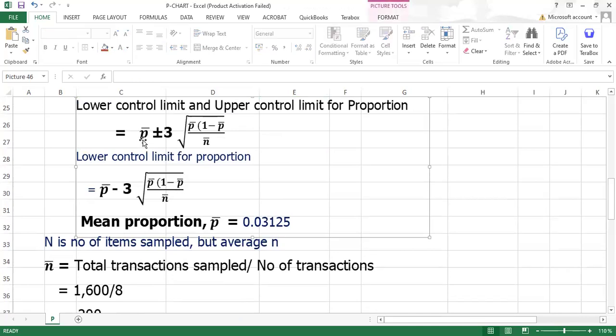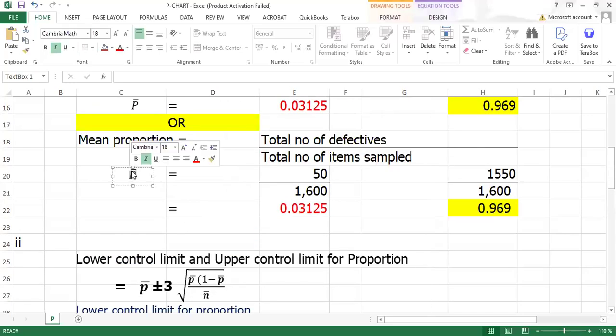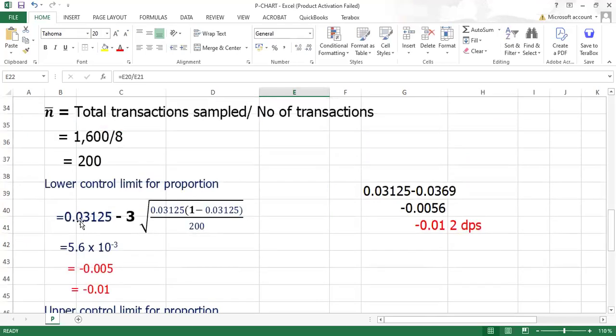P bar, we already have the average proportion. Are we together, colleagues? Where you have P bar, you put the figure you have on Roman 1.